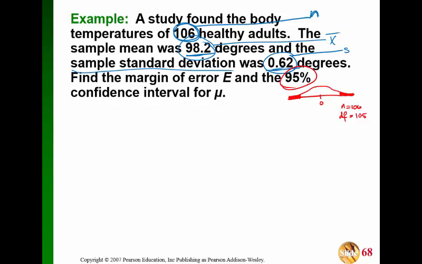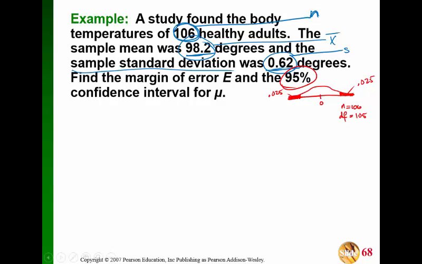And since we want to be 95% confident, the unshaded region here is 95%, which means the tails get split in half. What is the percentage in here? 0.025. Okay?